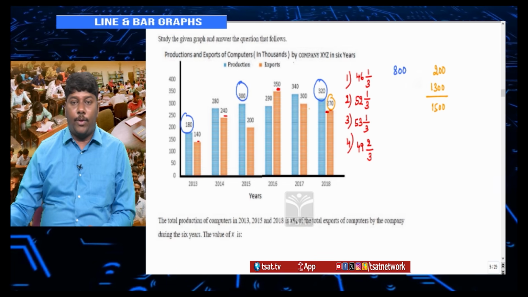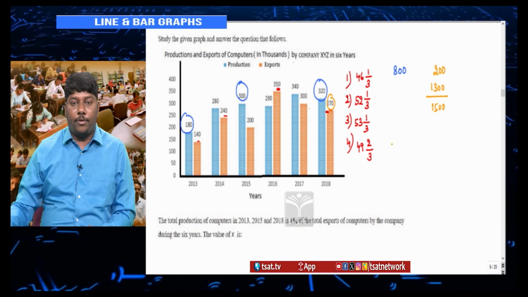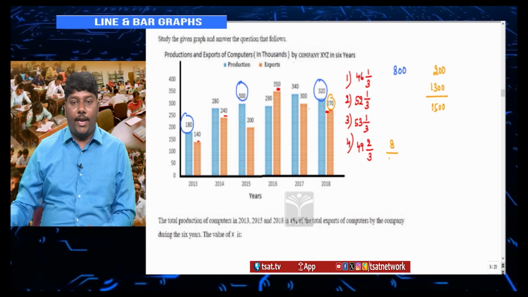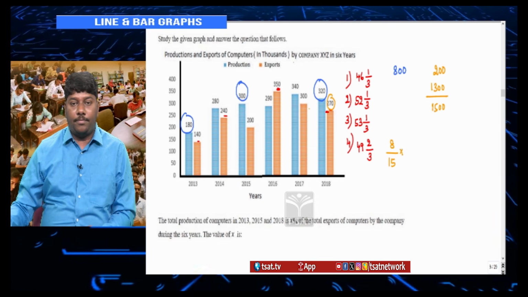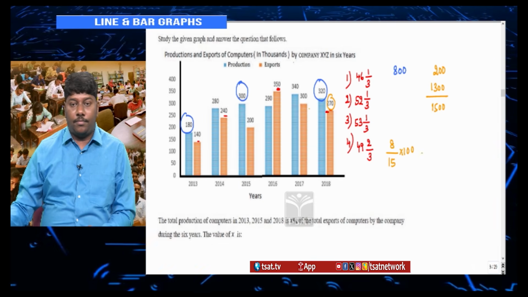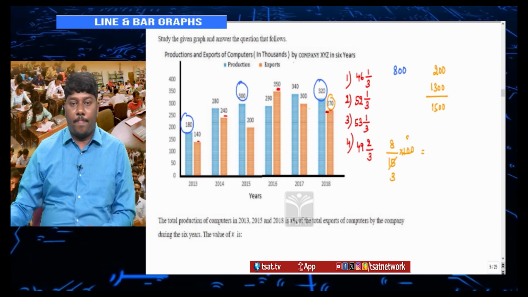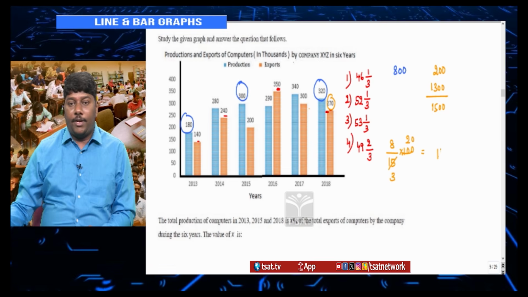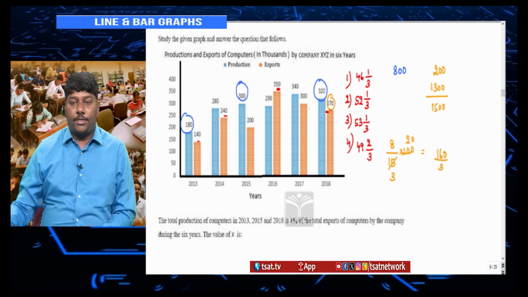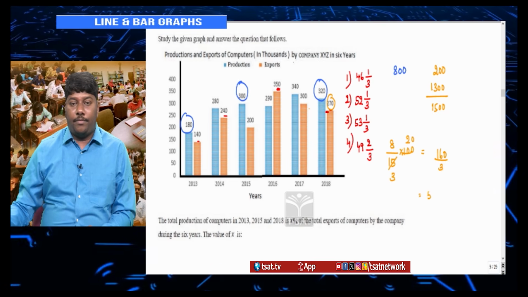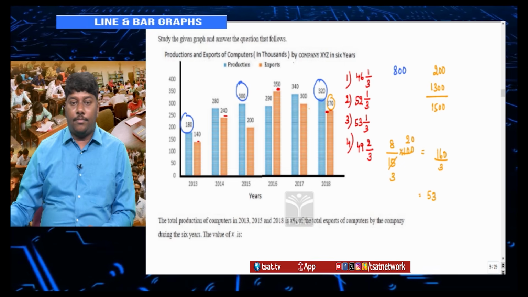Now he is simply asking you 800 is what percent of 1500, forget about zeros. He is asking you 8 is what percent of 15. Cancel it in 5 table 3s. 160 by 3. So I would say 5, then 3s.